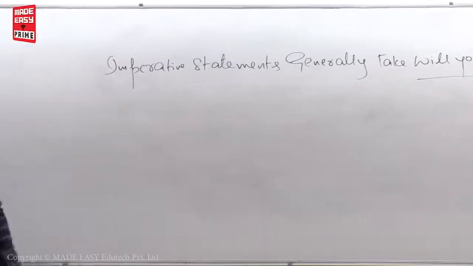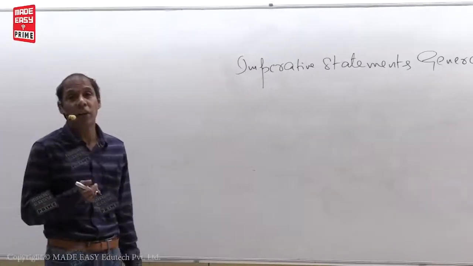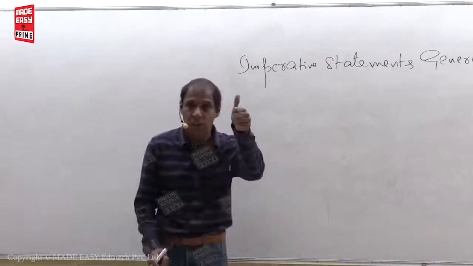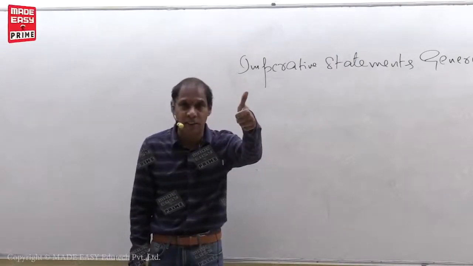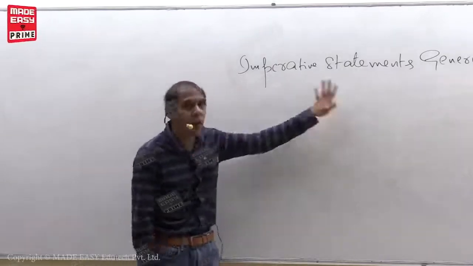What is an imperative statement? What is imperative? Now I'll explain. See, already I explained two points. Assertive sentence I explained. Interrogative sentence I have explained. Third one, imperative sentence. Now I am explaining.